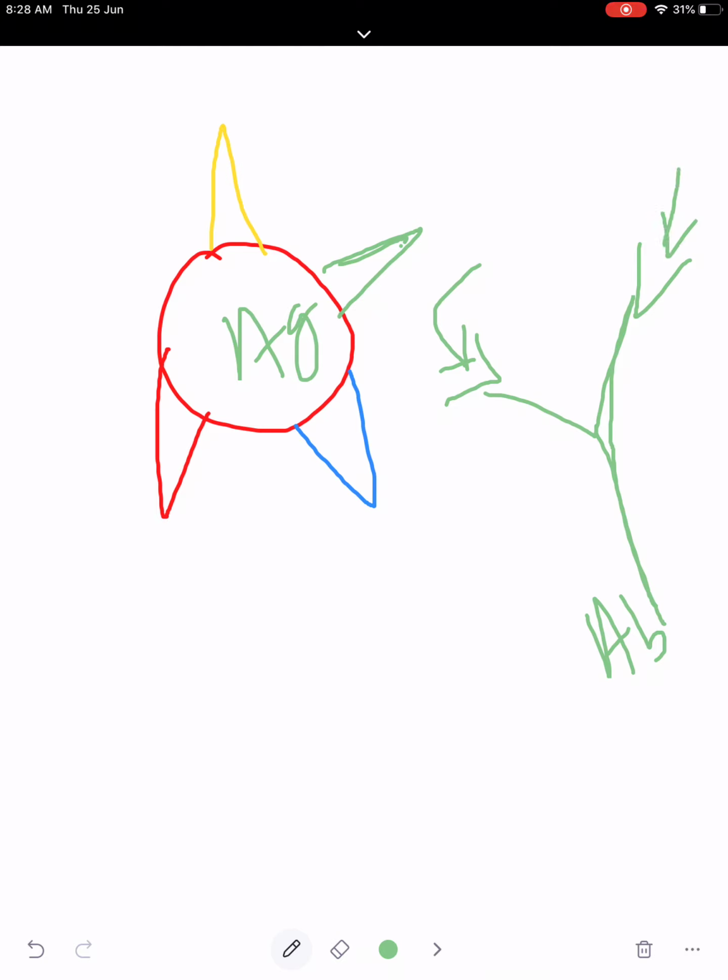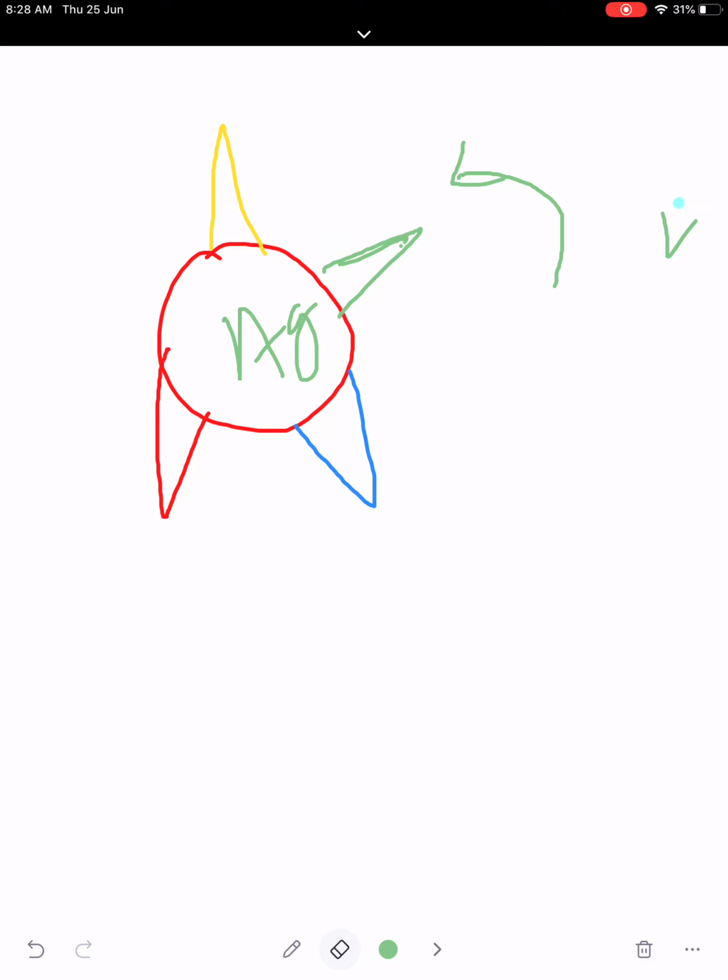And I have drawn it with green, which shows the specificity. Just imagine this is specific to this one. That means this can bind with this one.